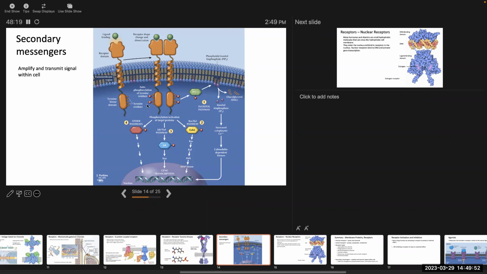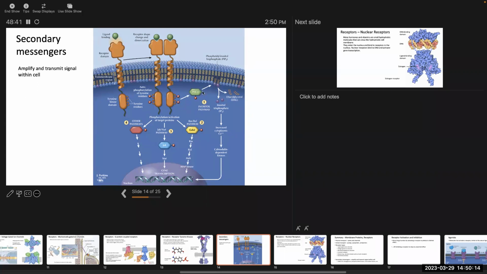So there are some little red balls here with the letter P inside of them. I don't know how well you can see that on screen, but that represents the addition of phosphate groups to those tyrosine residues. So the receptor tyrosine kinase itself is phosphorylated, but then it's going to transfer those phosphate groups to other molecules.